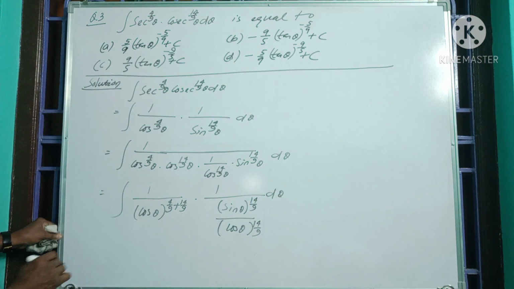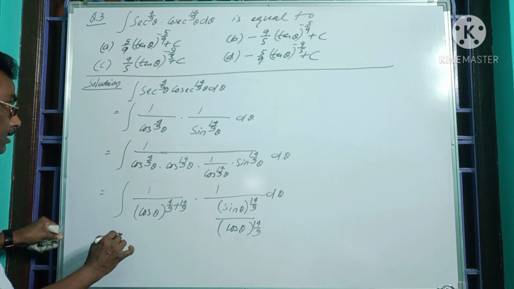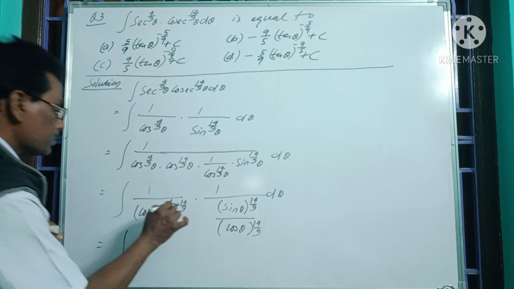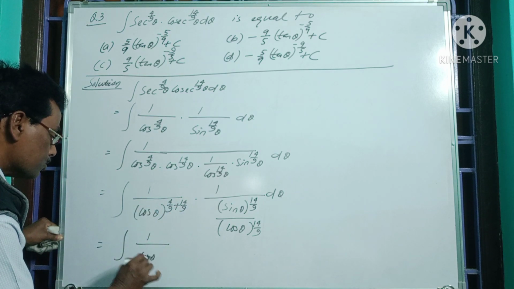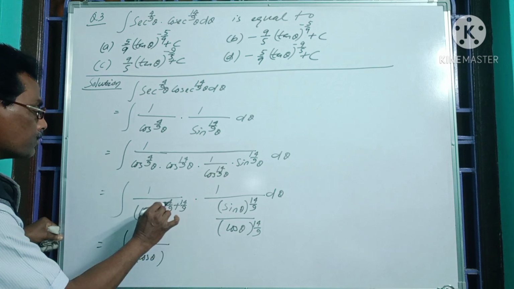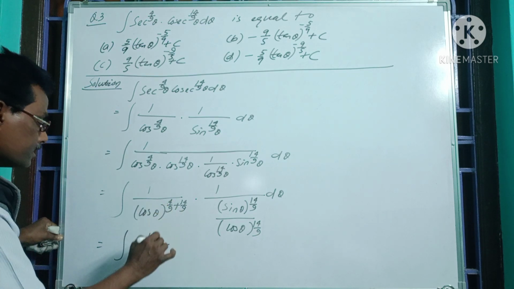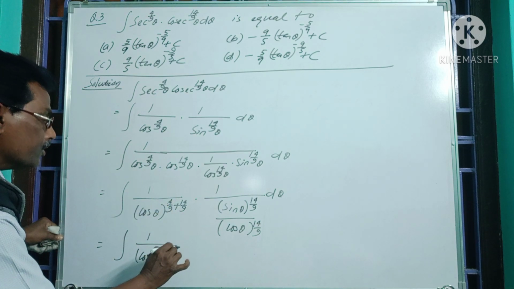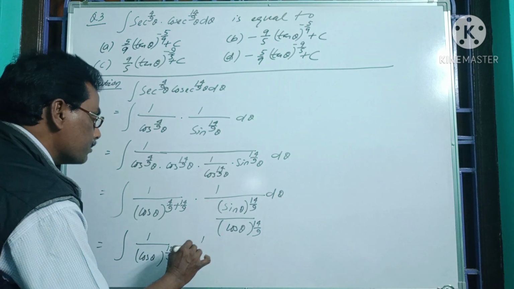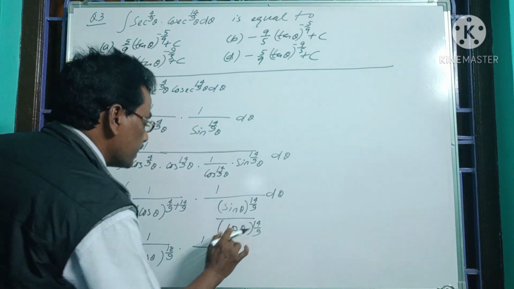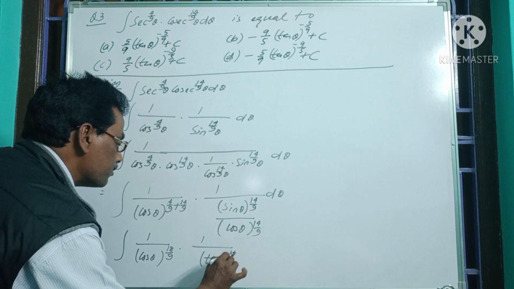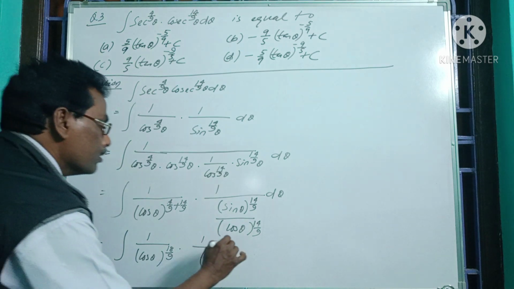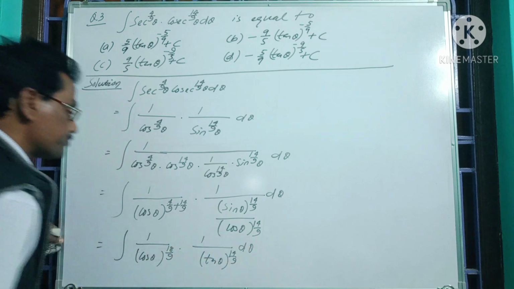Simplifying again, we have 1 by cos theta to the power 18 by 9 into, sin by cos that is tan, so tan theta to the power 14 by 9, with respect to theta.